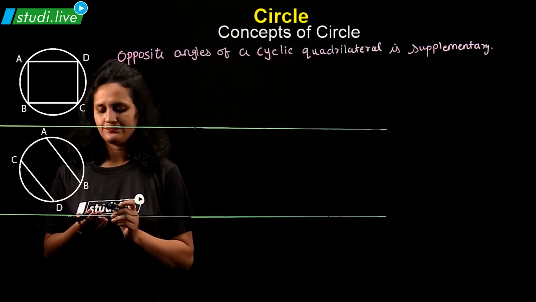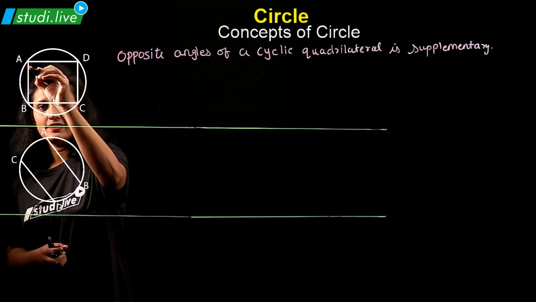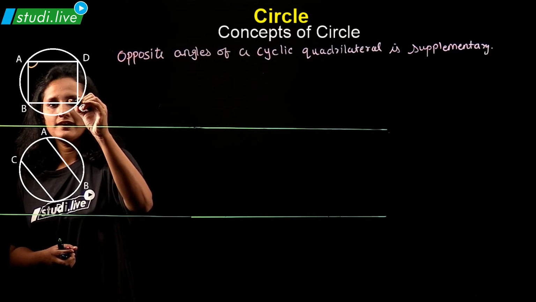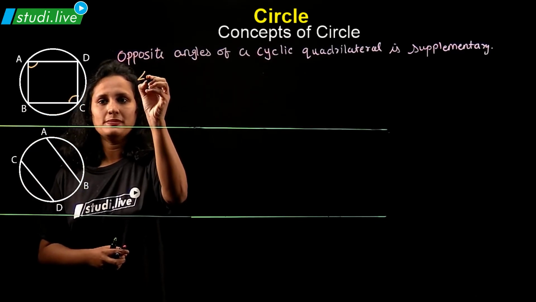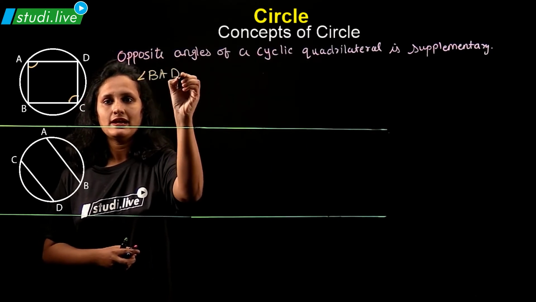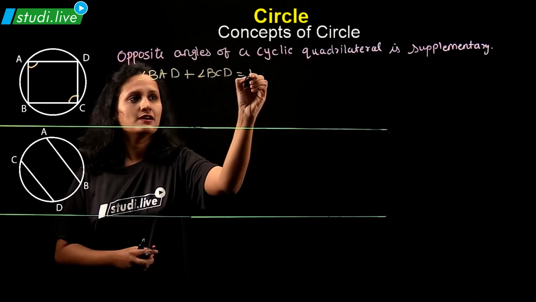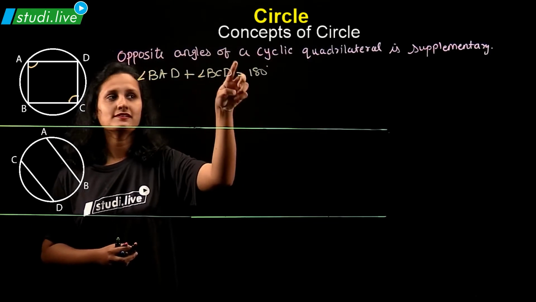Means which are opposite angles? Angle A and angle C will be opposite angles. So angle BAD plus angle BCD will be 180 degree. Sum of the opposite angles is supplementary.